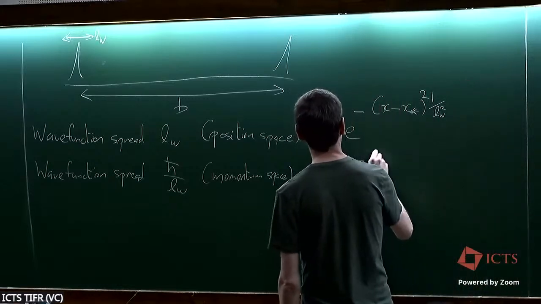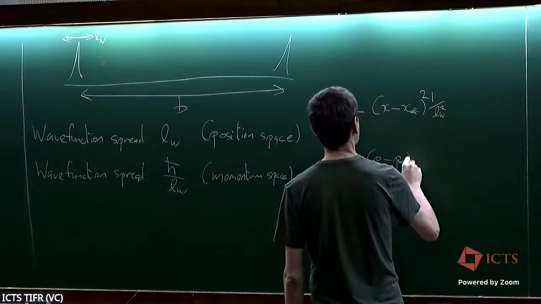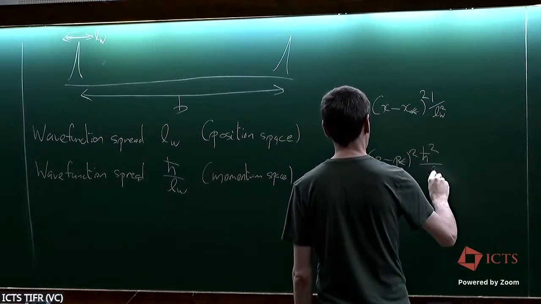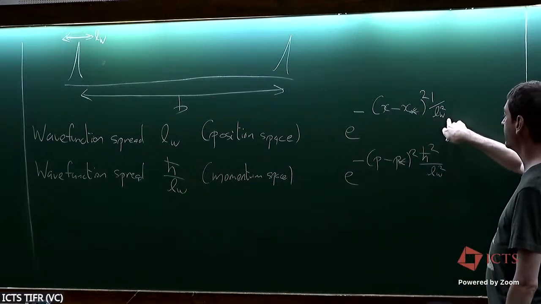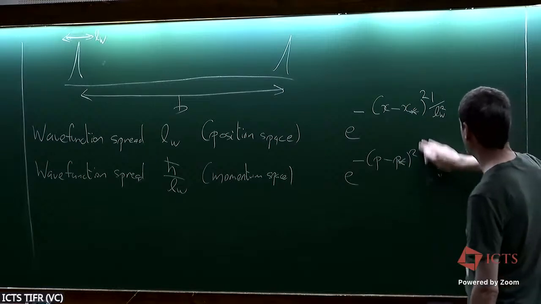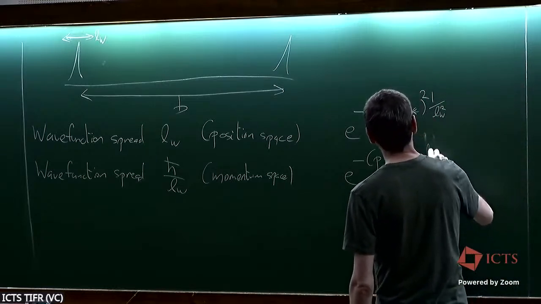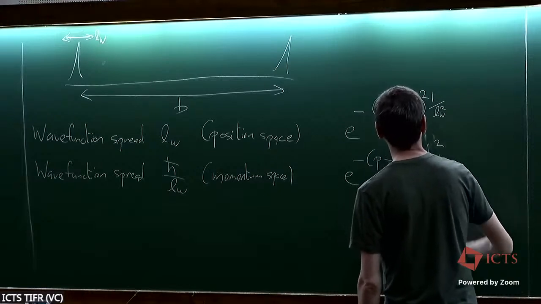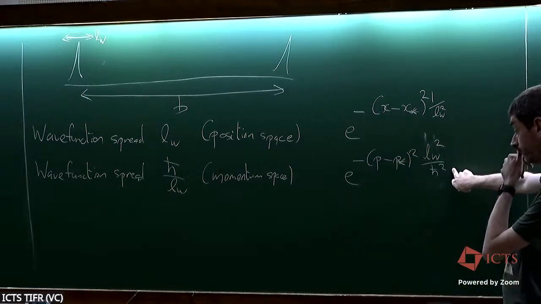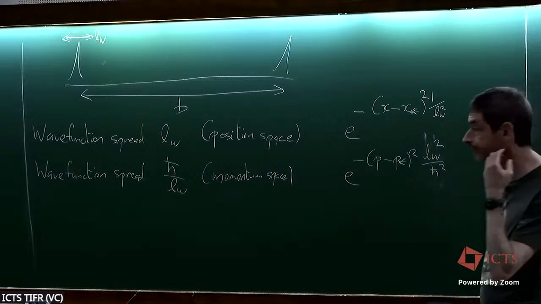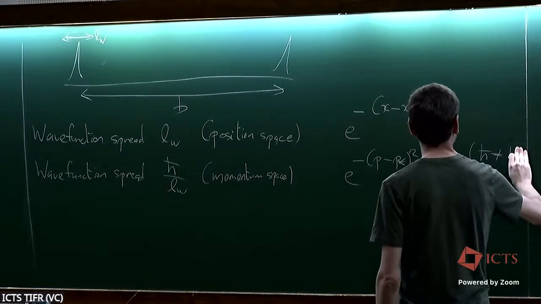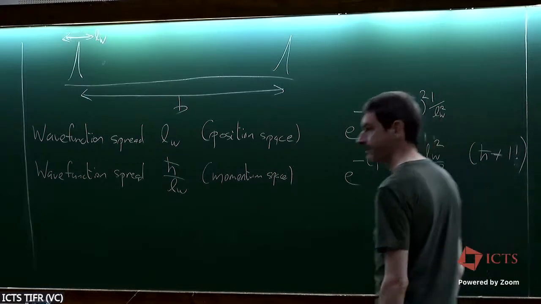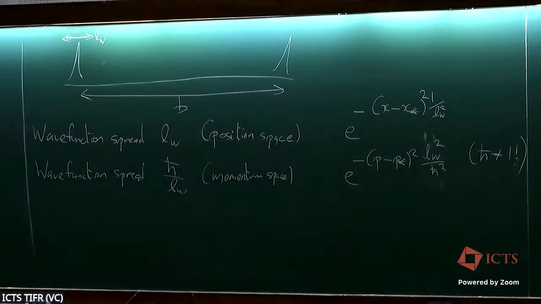The momentum space wave packet then will look something like e to the minus (p minus p star) squared LW squared over h bar squared. So you see that the spread in position space is LW, and the spread in momentum space is h bar over LW. H bar is not 1 in this lecture. I'm keeping the h bars around because I want to explain to you how they go away in the end.